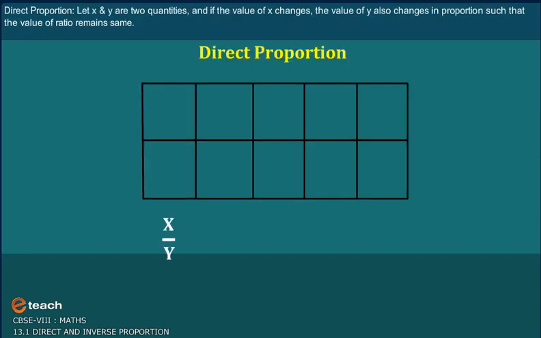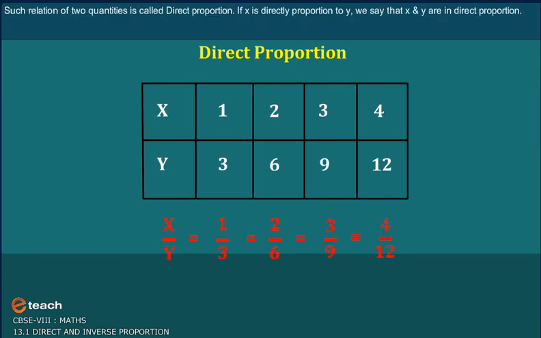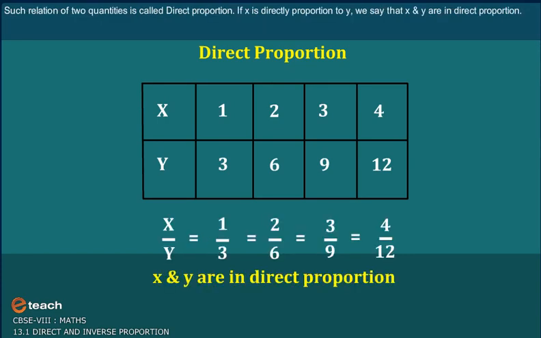Direct proportion. Let x and y be 2 quantities, and if the value of x changes, the value of y also changes in proportion such that the value of the ratio remains the same. Such a relation of 2 quantities is called direct proportion.